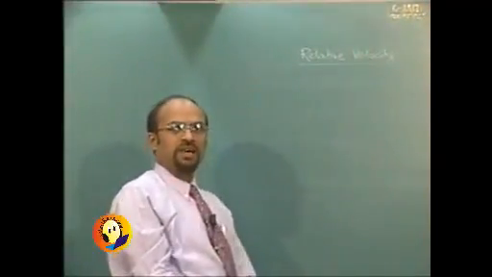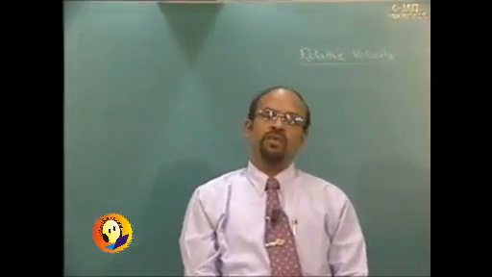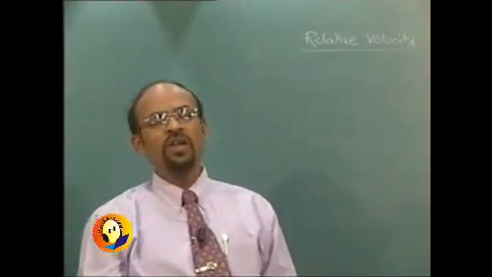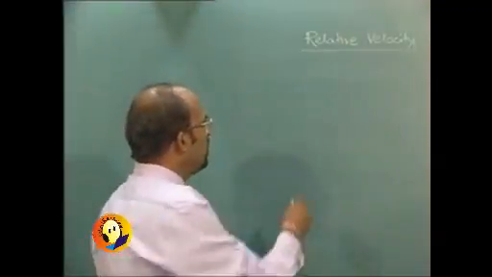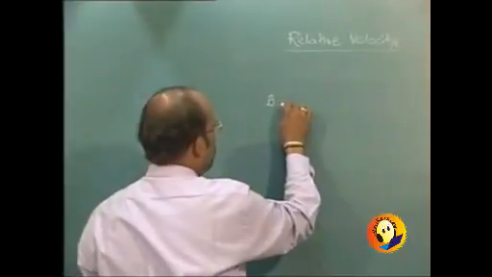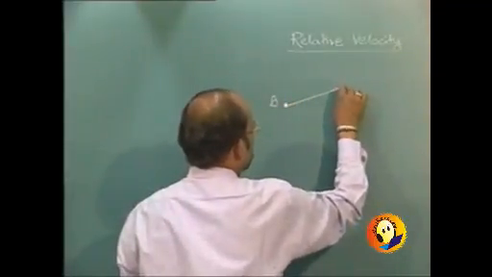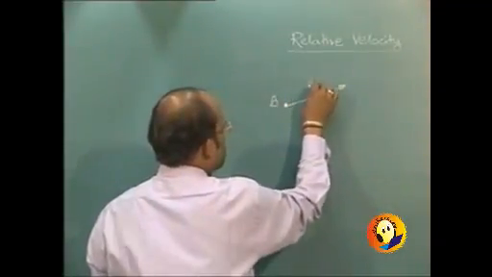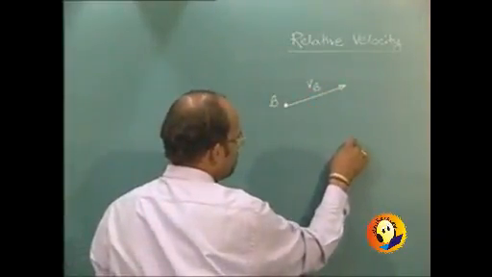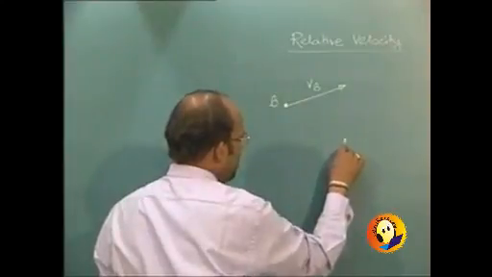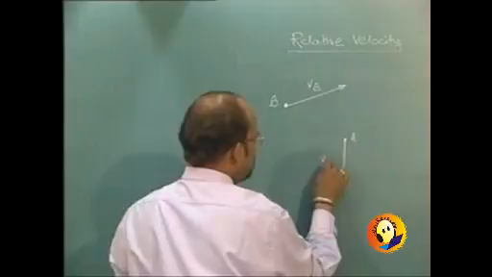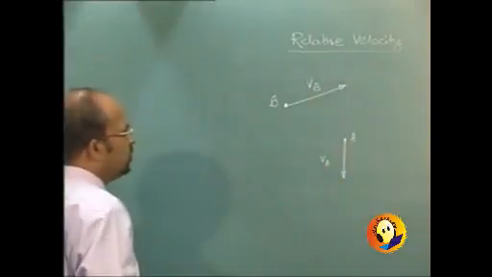The consideration that we had right now, that was when one object is stationary and other object is moving. What if both the objects are moving? For example, we have some object B moving with some velocity of B, and some other object, say object A, it has got its own velocity as the direction is shown.